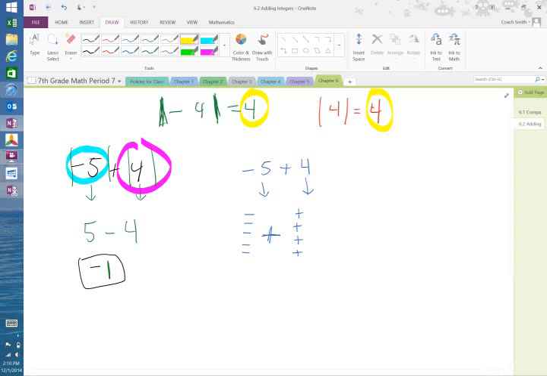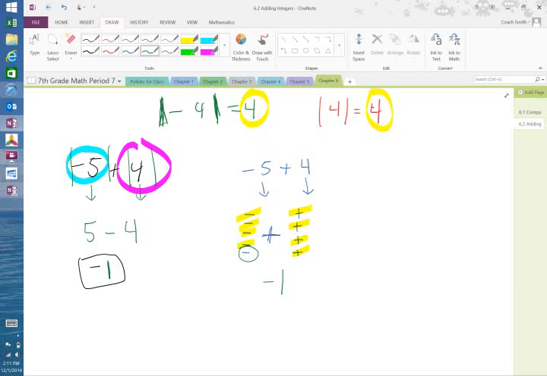A negative and a positive cancel each other out, and I am left with that one negative sign. That's why it's -1. That is what is happening with the rule.